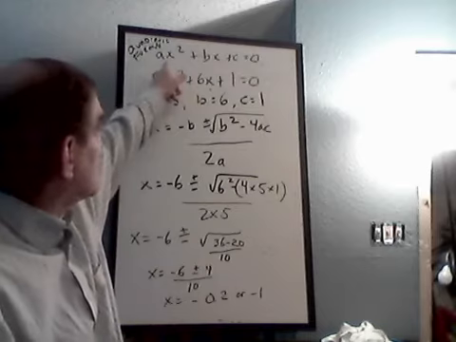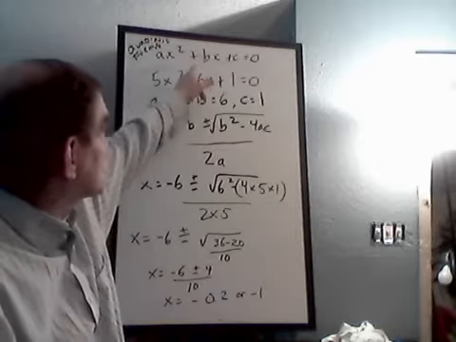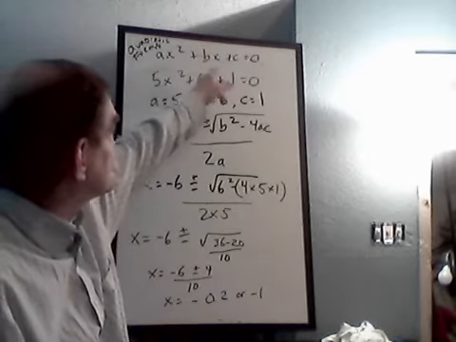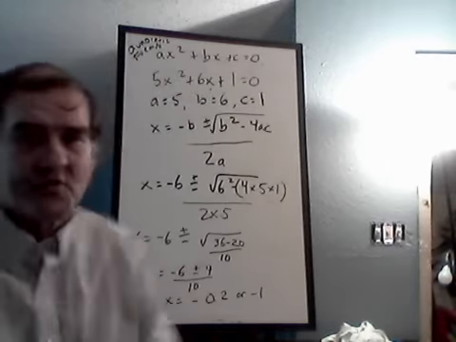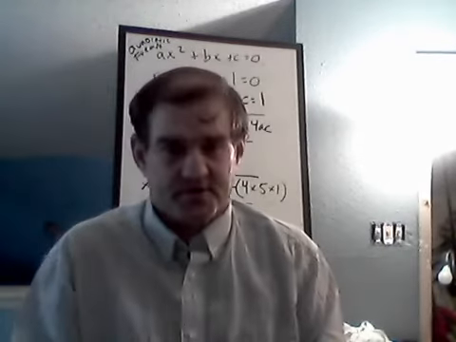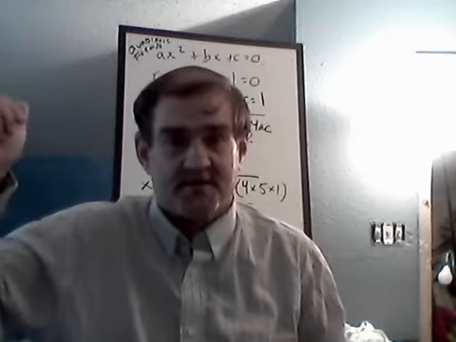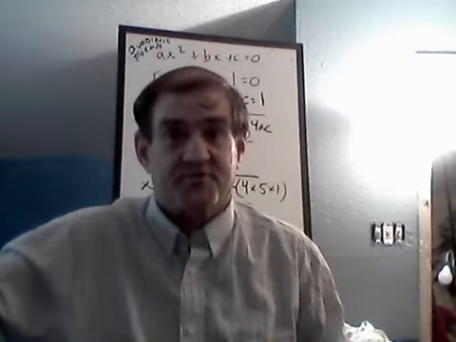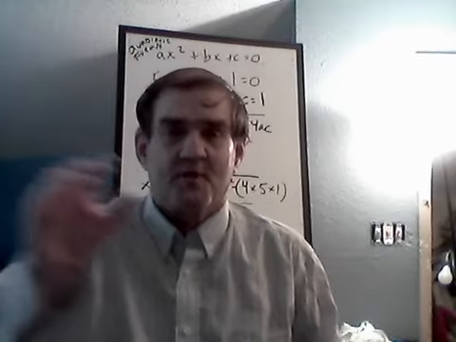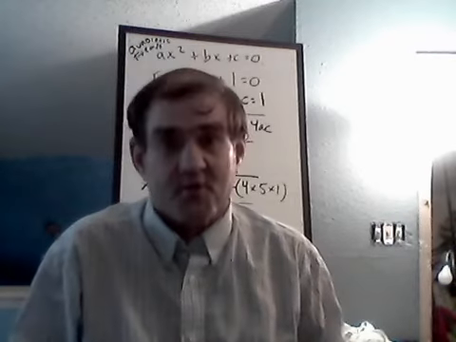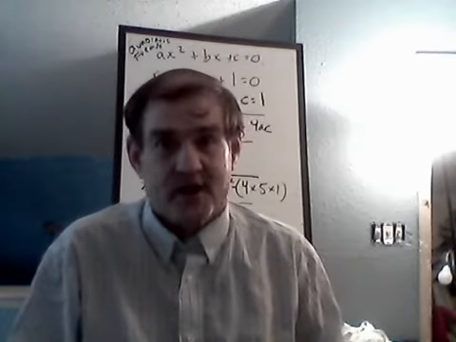First of all, there's the form. The form is ax squared plus bx plus c equals 0. In other words, when you're looking at an equation, if it has a similar form to that, ax squared plus bx plus c equals 0, then most likely it's a quadratic equation. Okay?